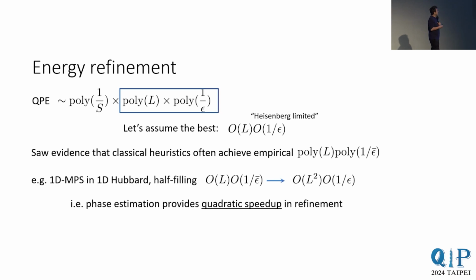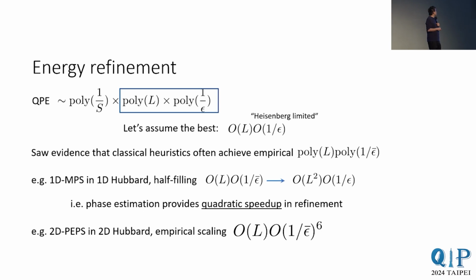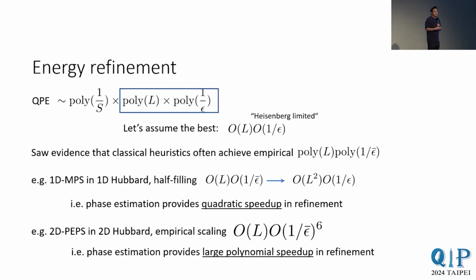And so one sees that one has a quadratic speed up relative to, for example, the empirical scaling we see from matrix product states in this particular 1D Hubbard model application. And then in the 2D Hubbard model, the empirical scaling that we see has this much steeper power in the inverse precision. And that suggests that you have a large polynomial advantage for phase estimation in the refinement of the 2D Hubbard model as compared to 2D tensor networks.